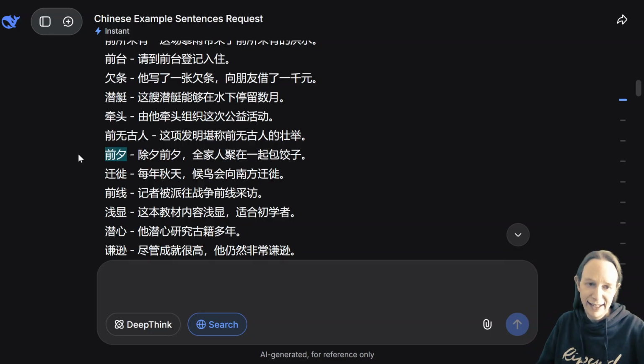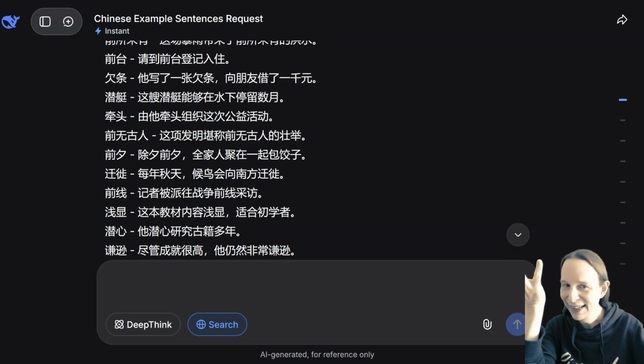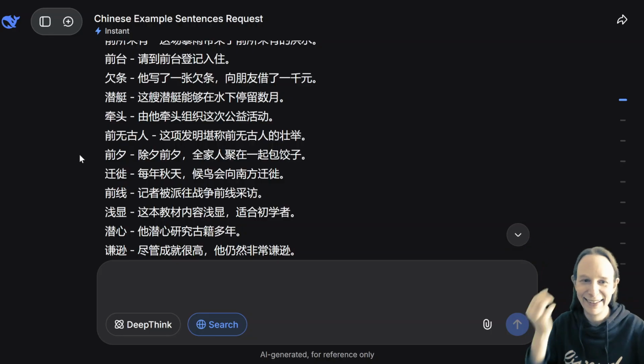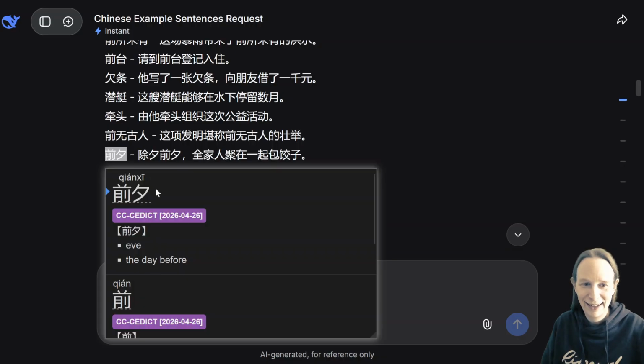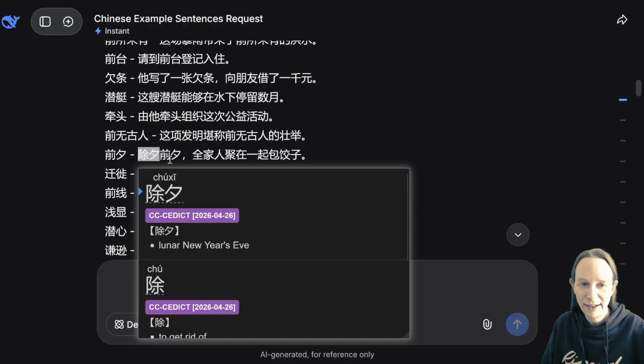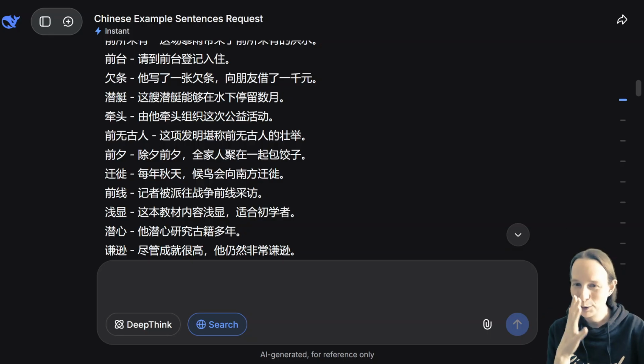Next is 前夕. So I'm guessing 前夕 is 昨天的除夕 or something like this. Oh, is it just 除夕? Oh, okay, it's the day. No, it's not 昨天的除夕.